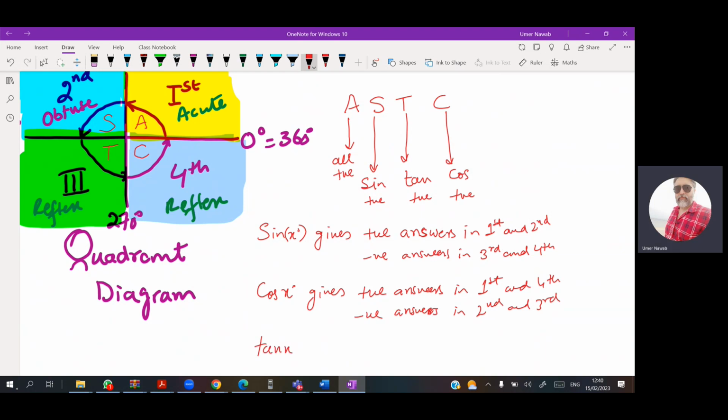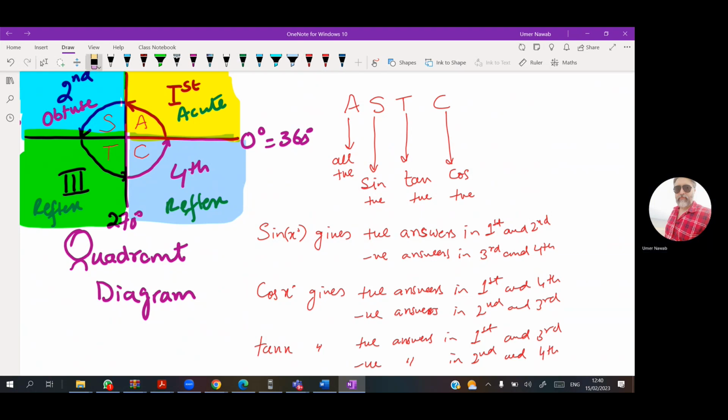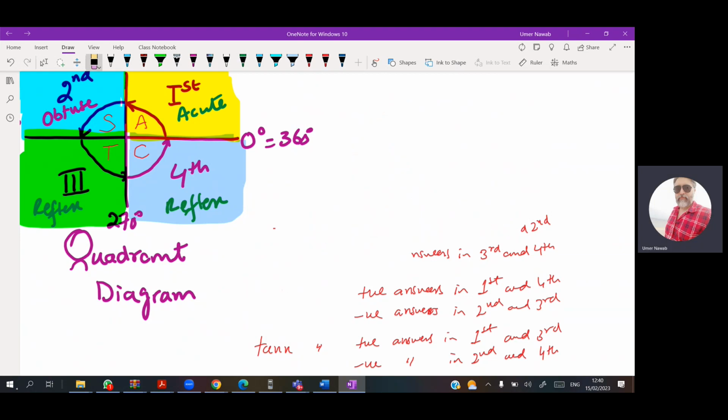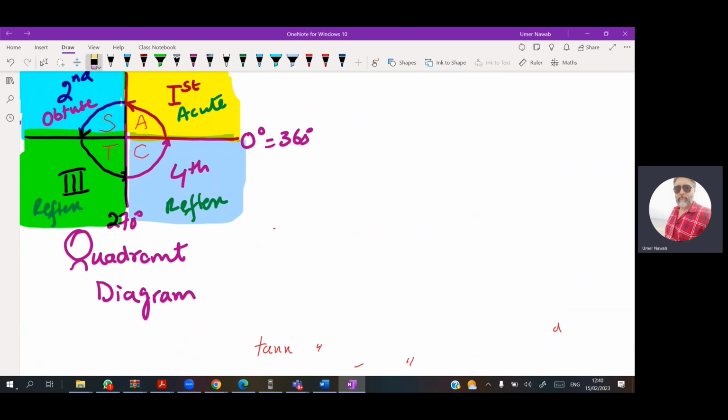Tan of x gives positive answers in the first and third quadrant, and it gives negative answers in the second and fourth quadrant. I have just written it for your understanding. So the ASTC diagram is very important. You can call it a quadrant diagram or ASTC diagram.